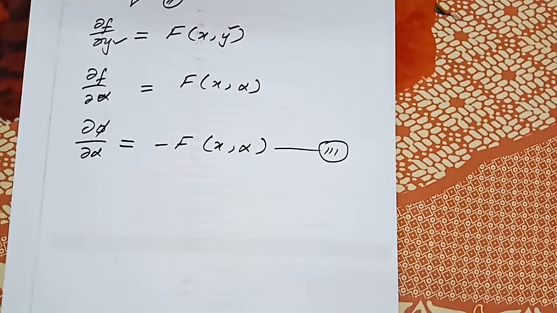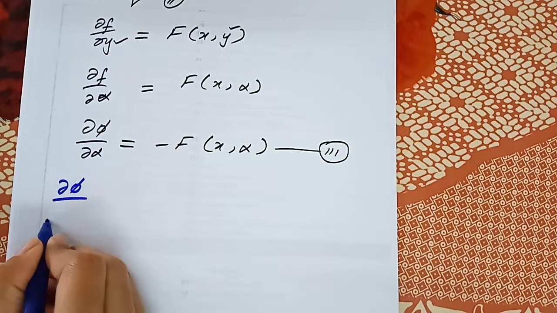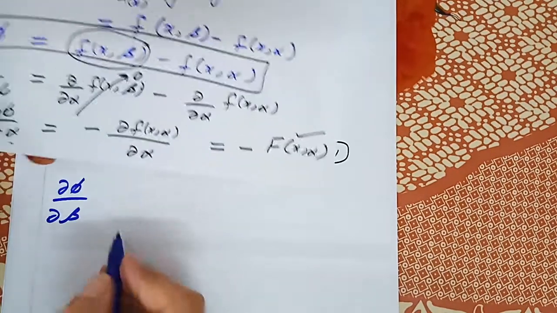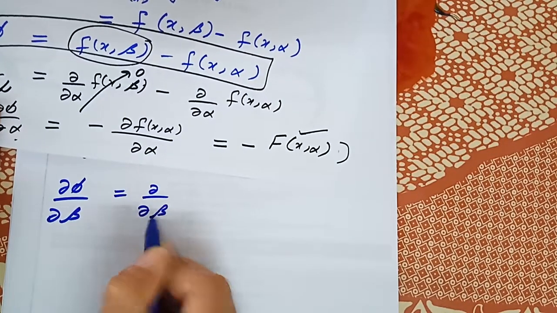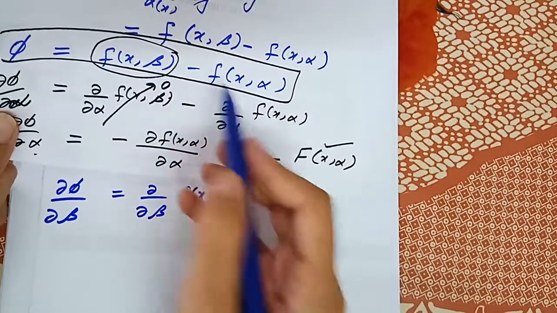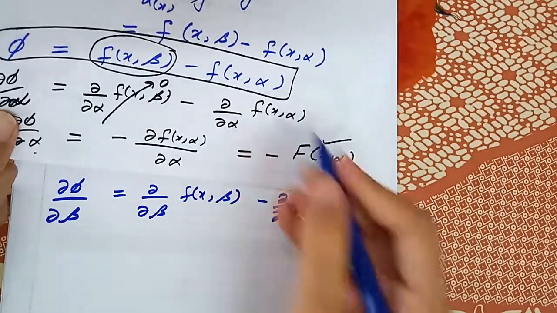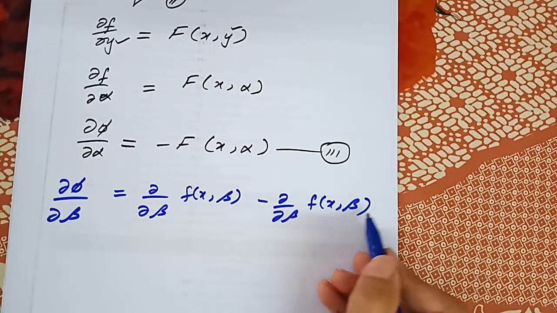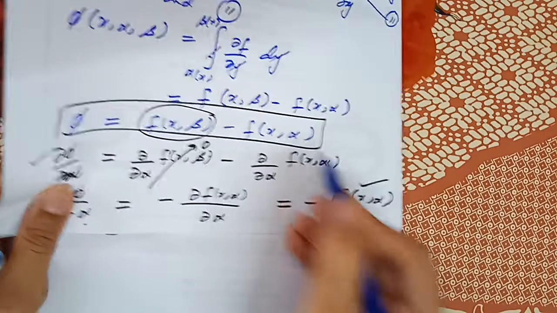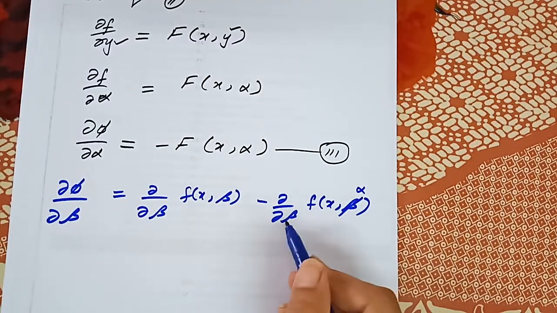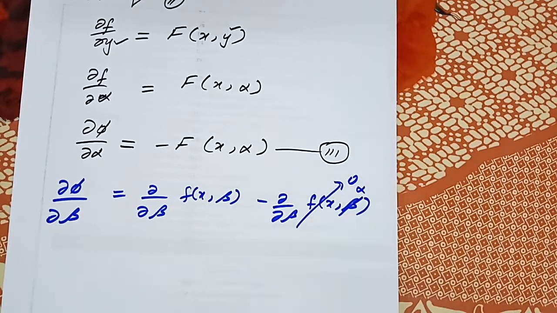So partial phi over partial beta: that is partial over partial beta of f of x, beta minus partial over partial beta of f of x, alpha. Now you know that this f is not a function of beta, so its derivative with respect to beta is going to be 0.